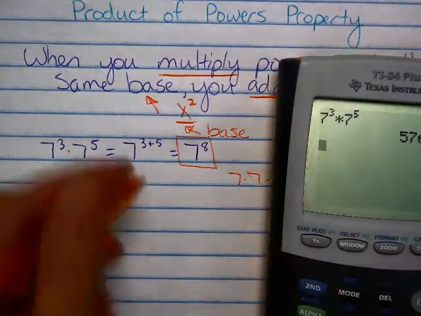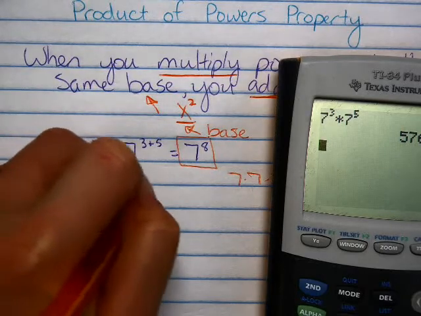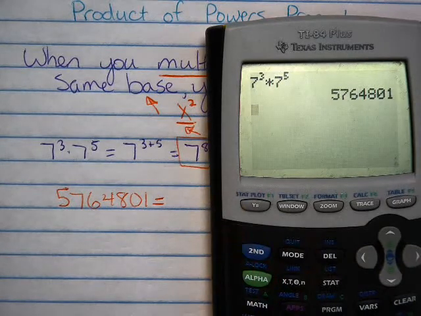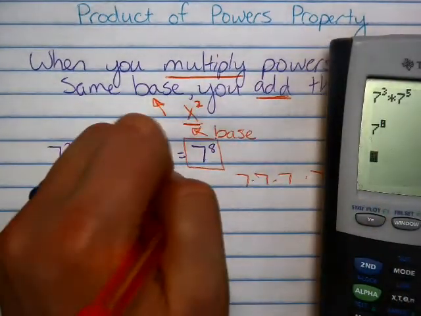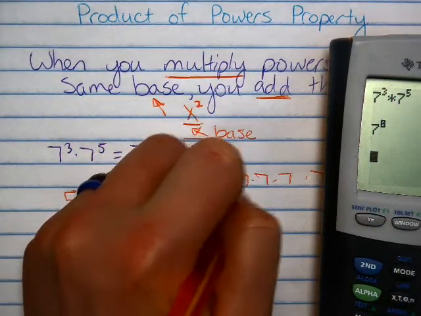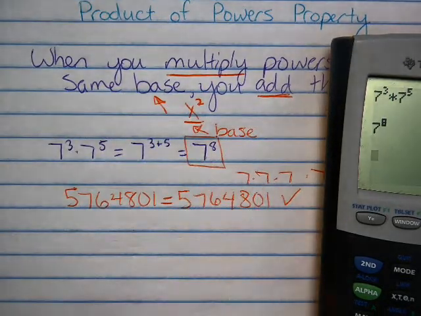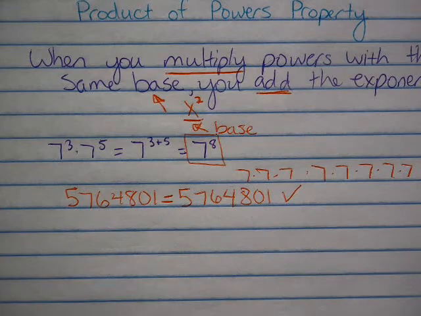I get a massive number, 5764801, and I need to see if that's equal to 7 to the 8th, which is what I hope. So 7 caret 8. Oh, they match. That's awesome. So my check worked also. So this is the answer, but there are two ways to check it or to get to it if you're having difficulty.